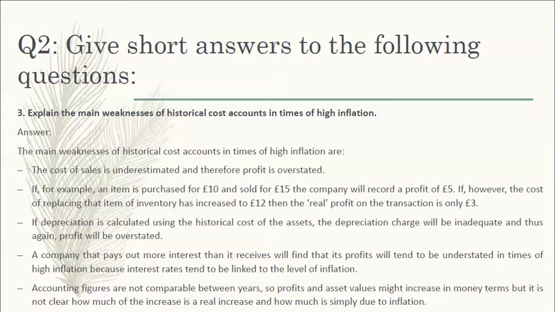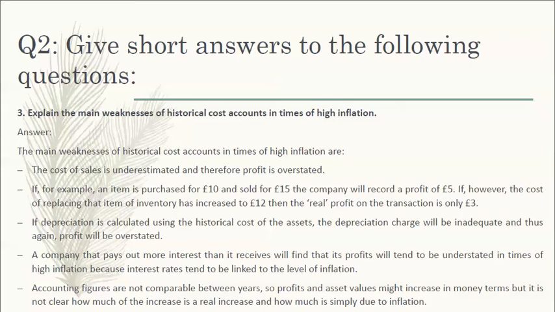Fourth main weakness: a company that pays out more interest than it receives will find that its profit will tend to be understated in times of high inflation, because interest rates tend to be linked to the level of inflation.